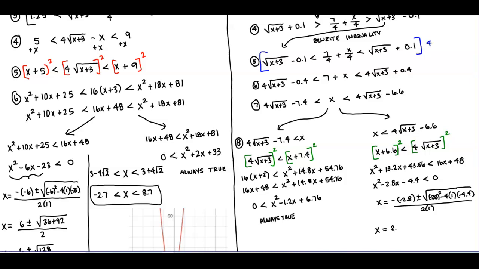So we get positive 2.8 plus or minus the square root of negative 2.8 squared, which is 7.84, plus 4 times 4.4, which is 17.6, all over 2.